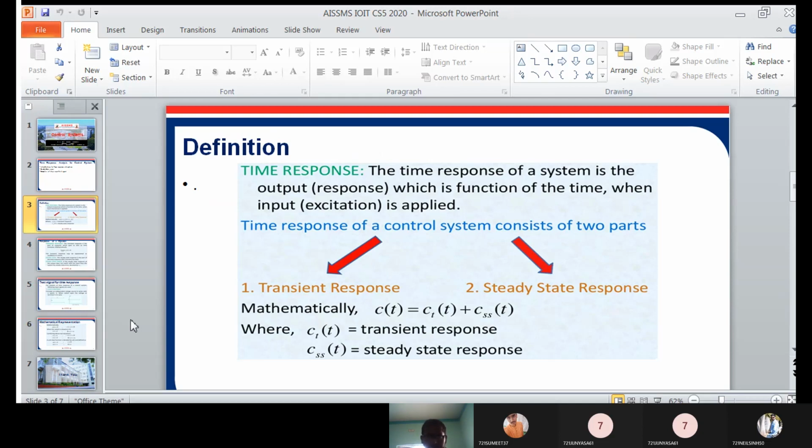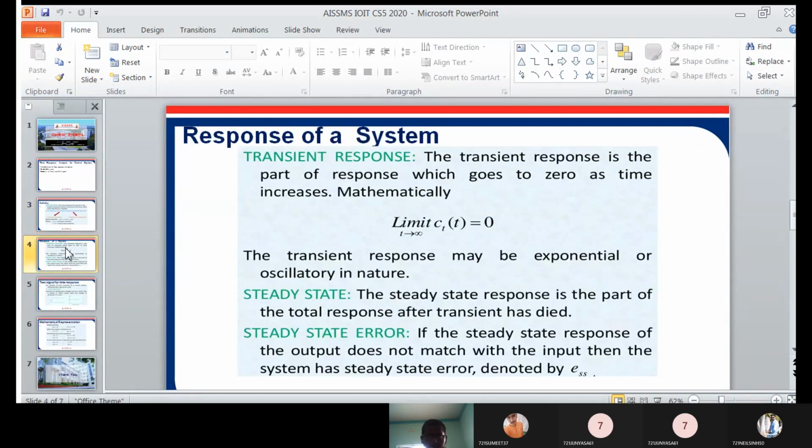So the response of a system is divided into steady state and transient.